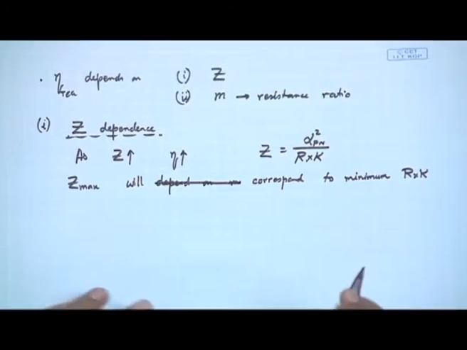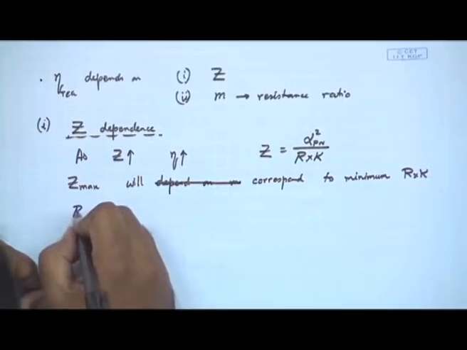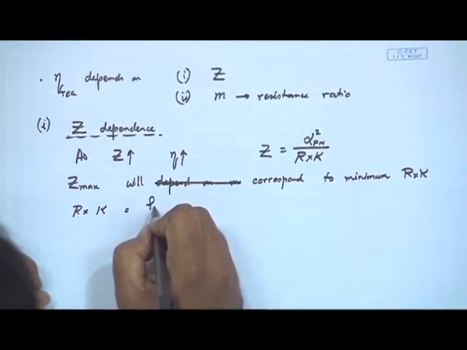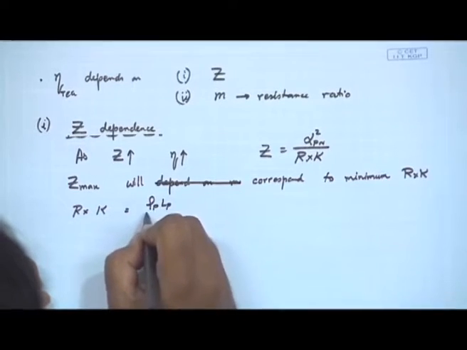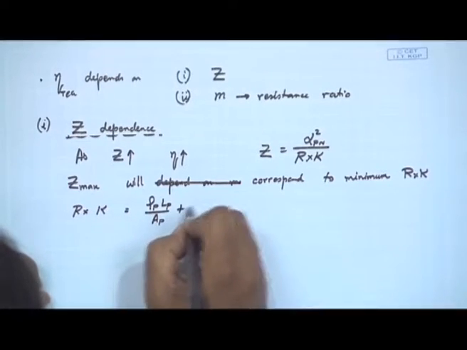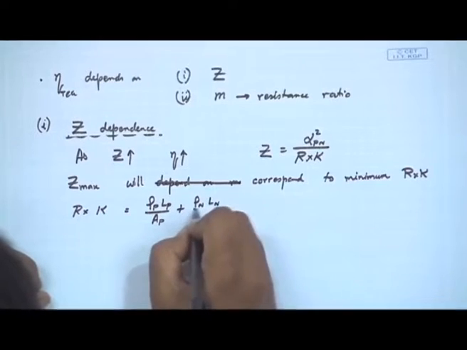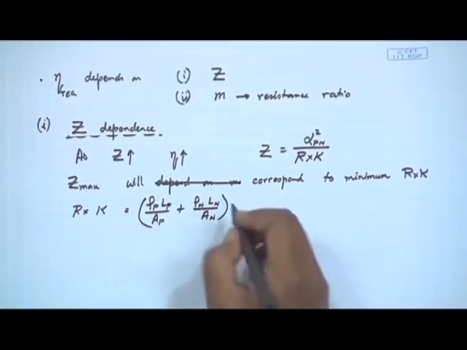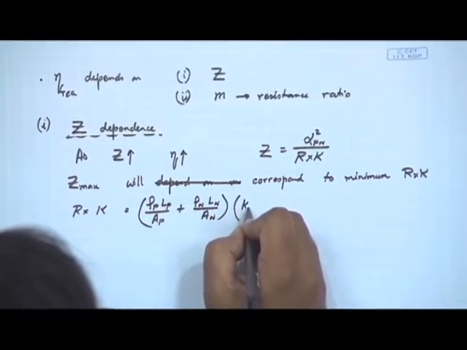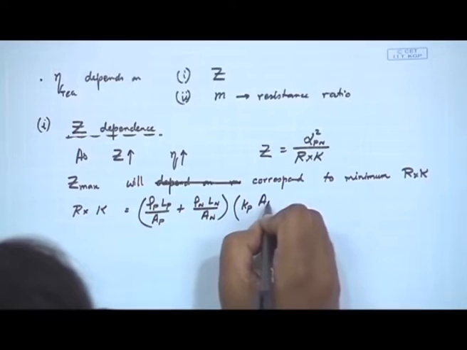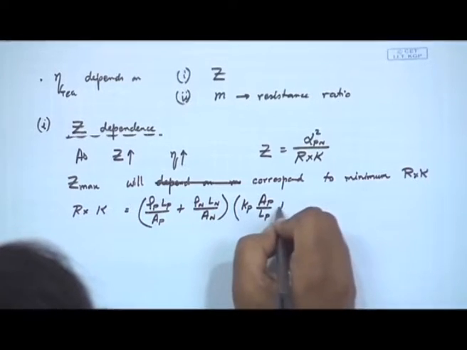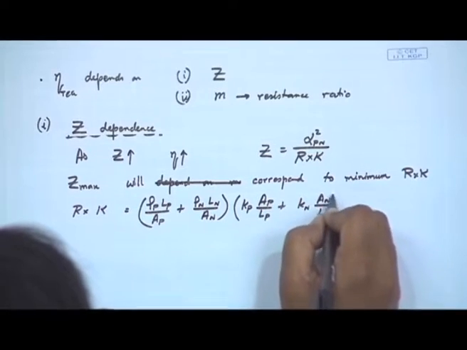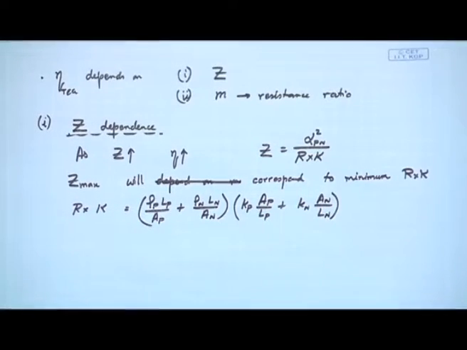Let us do that and see what happens. So, R times K is (rho_p L_p over A_p plus rho_n L_n over A_n) times the thermal conductances, which is (K_p, thermal conductivity, times A_p over L_p plus K_n A_n over L_n). Clear?